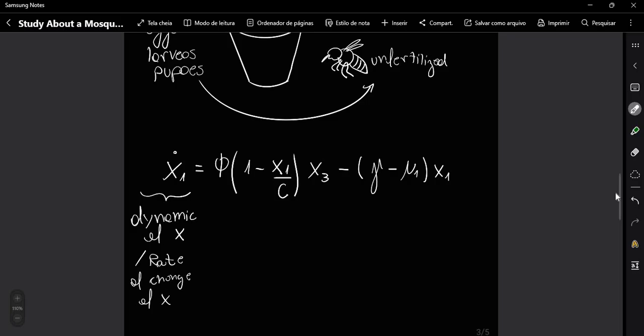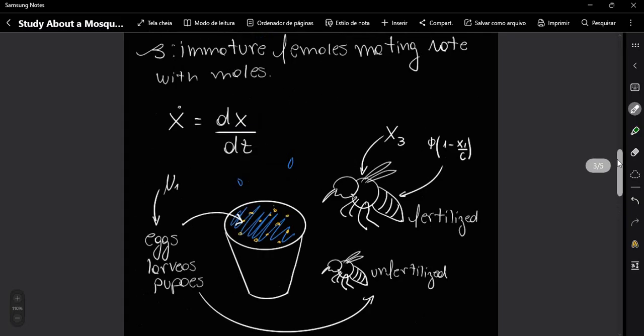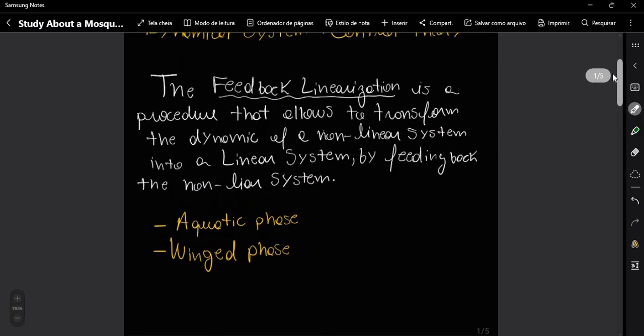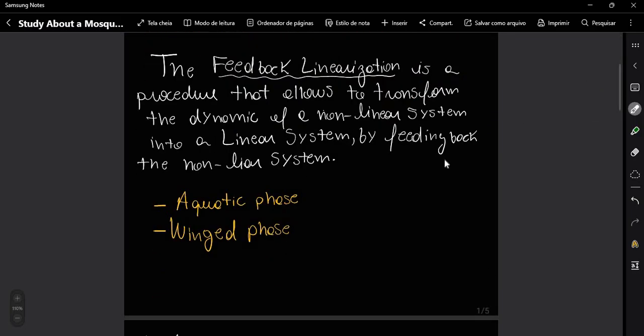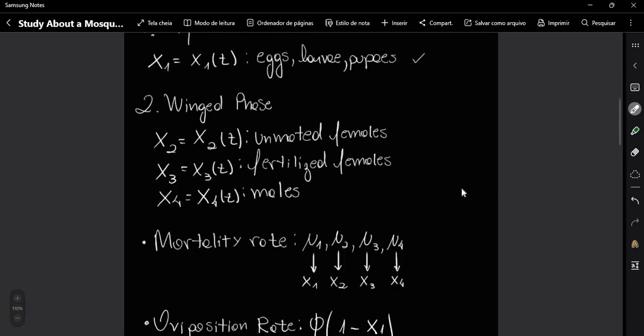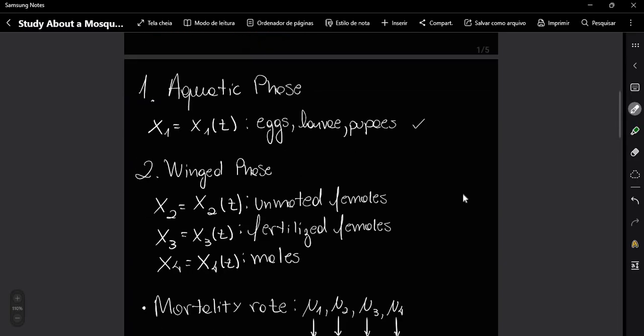This variable allows us to transform this nonlinear system into a linear system in which we can do the control. So we already passed through this first introduction.